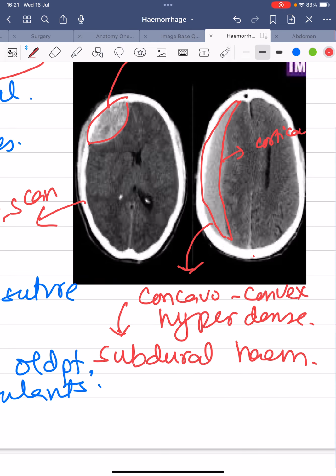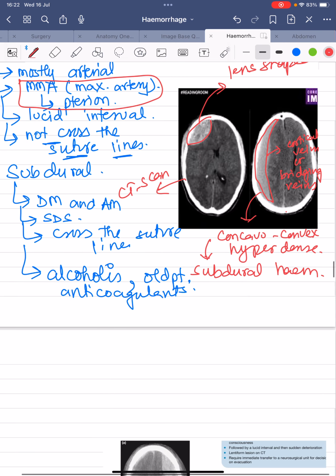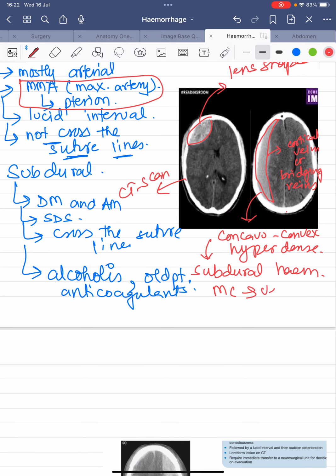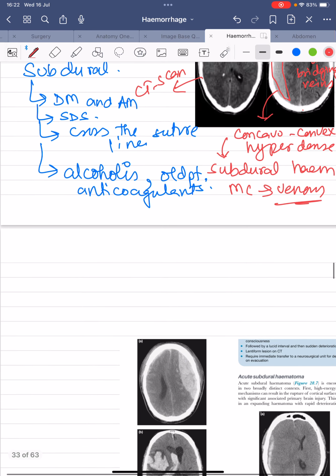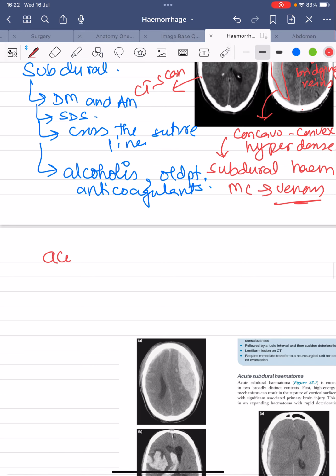So more commonly it is venous in nature.